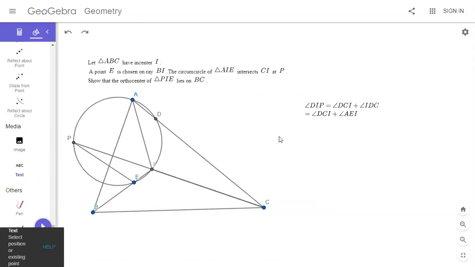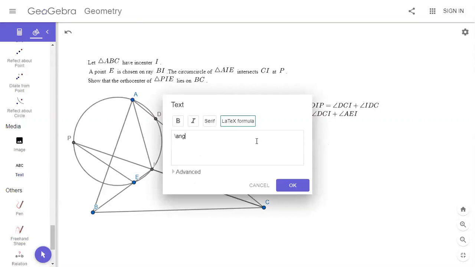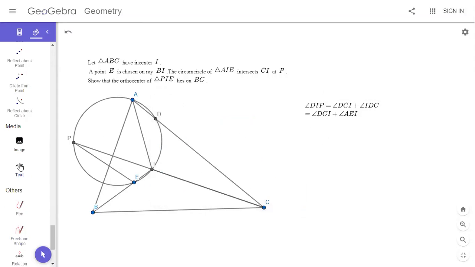So DIP is this. IDE. Let's just keep it like this. Whoops. What just happened there?